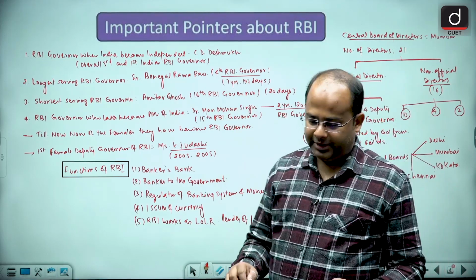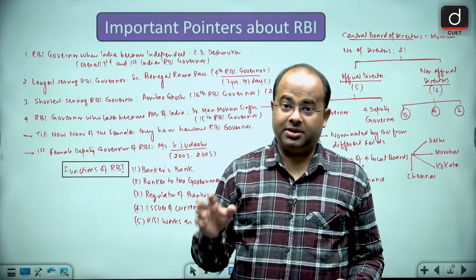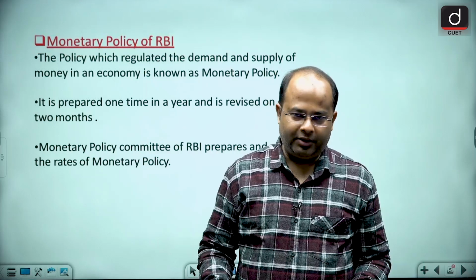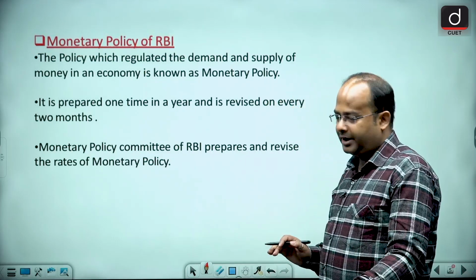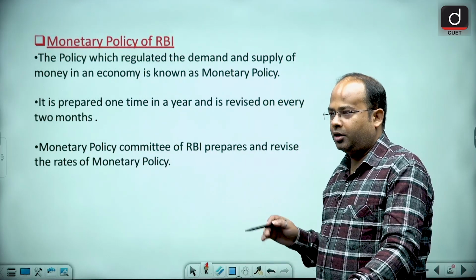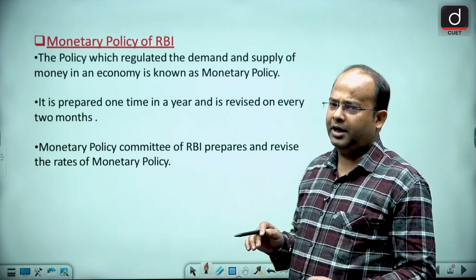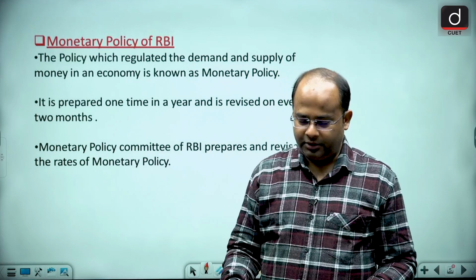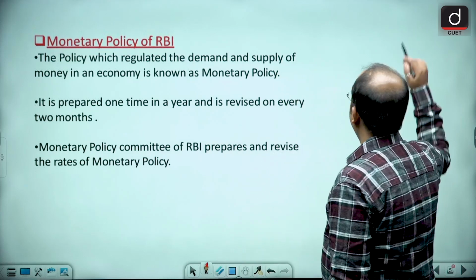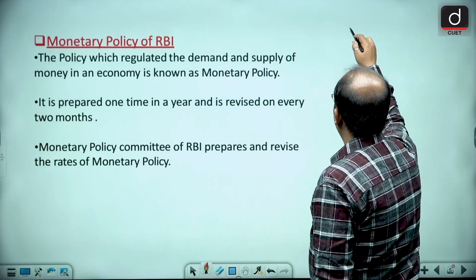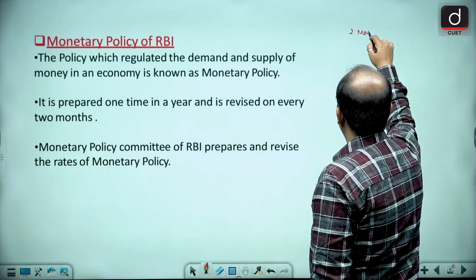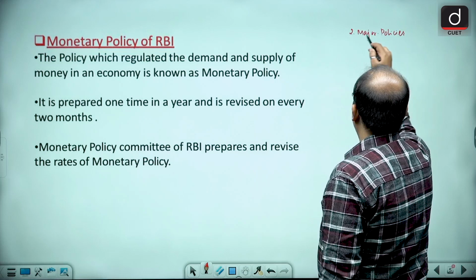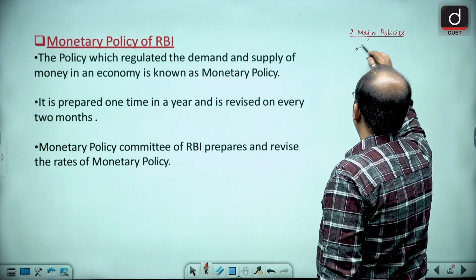Now guys, I will be discussing the next thing, that is the monetary policy. First of all, if you talk about the whole policy of India, in India there are two major policies which are drafted.